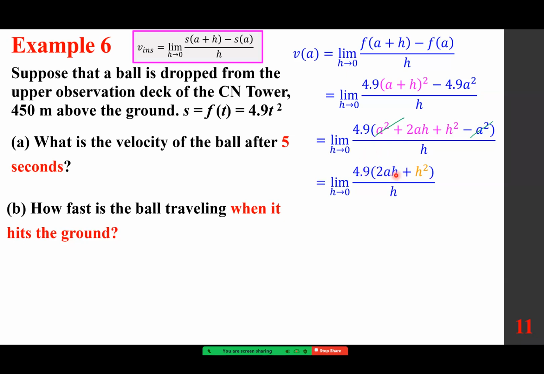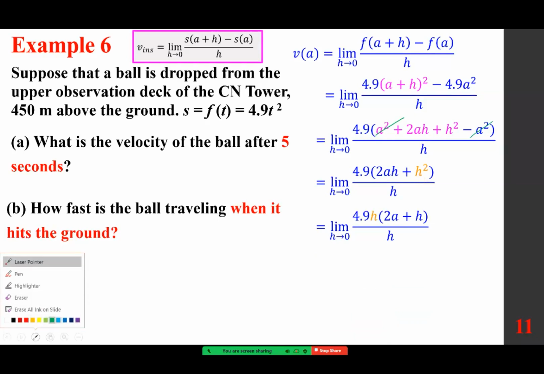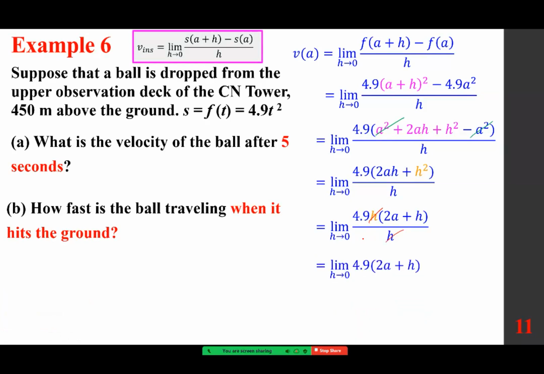If I take the h out, this is 2a, this is h. When I do that, I can drop the h. Remember, h is approaching 0, and that is the problem in the denominator. And now we have this 4.9 times 2a plus h. Take the limit as h approaches 0. Now, if I replace the h with 0, I get 2a times 4.9, or 9.8a.